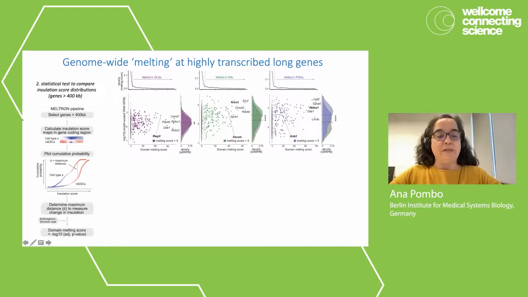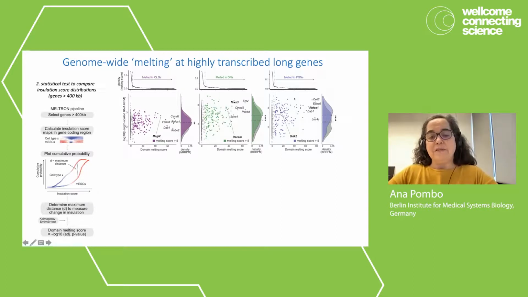And when we applied the Meltron pipeline to a comparison between each of the brain cells with mouse ES cells, we could see indeed very often that many genes are melted to a very low p-value, and that the genes are different between different cell types, although the same gene can melt in more than one cell type.